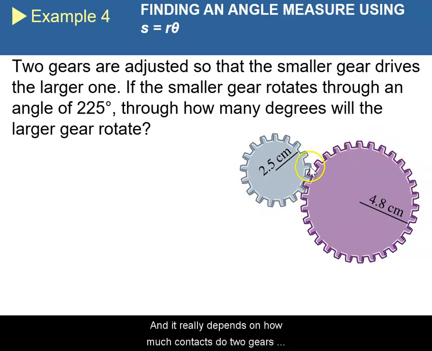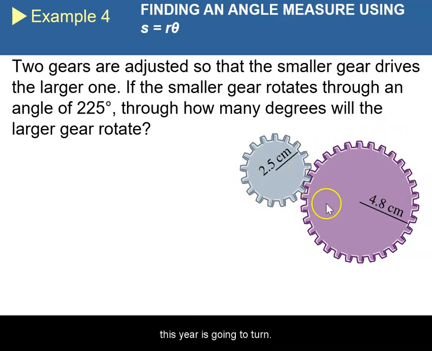And it really depends on how much contact the 2 gears have with each other, right? So if this rotates 225 degrees, then the arc length of 225 degrees is how much contact we will have with this gear. And the amount of contact between this gear and this gear is how much this gear is going to turn, right?